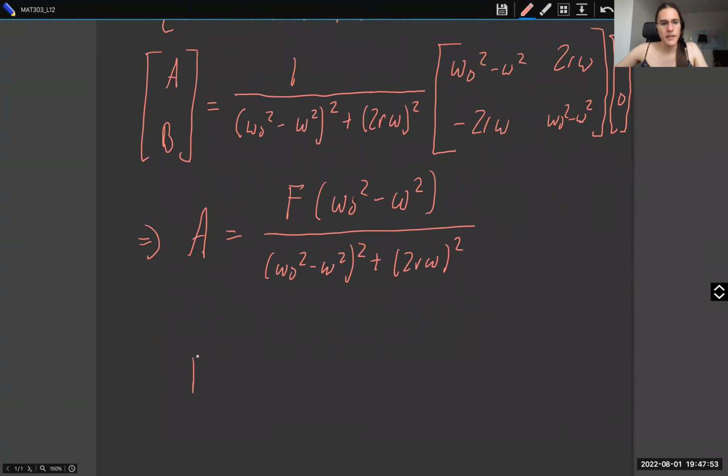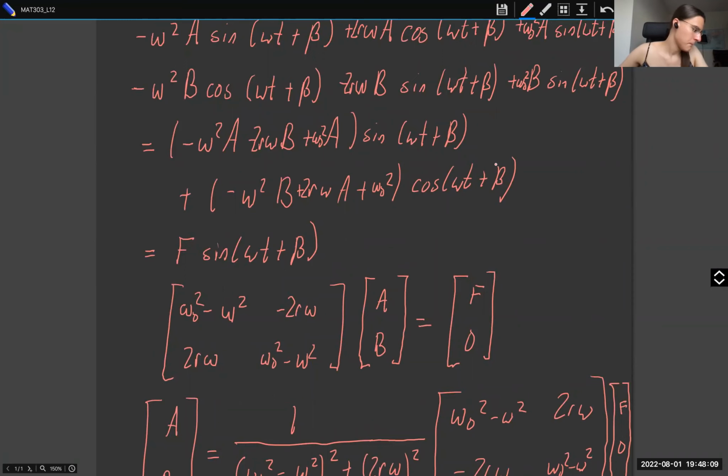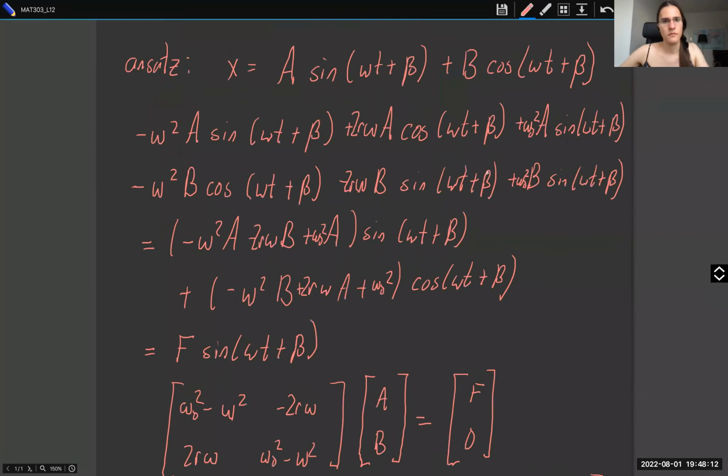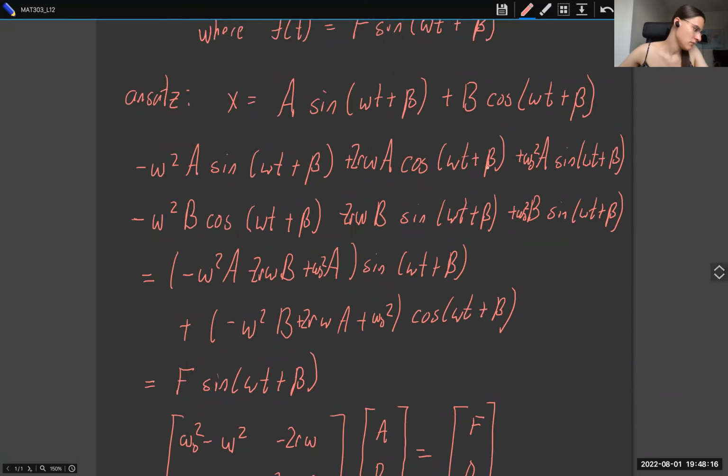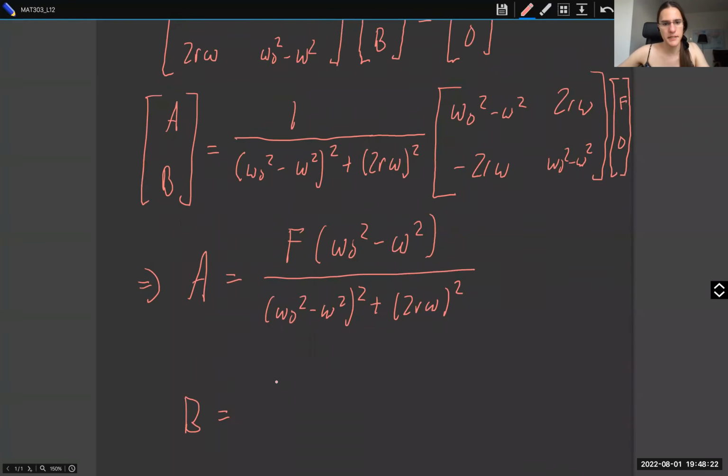And B is going to equal, yeah, no, that's right, minus 2r F. Or minus F 2r omega, divided by the same denominator.